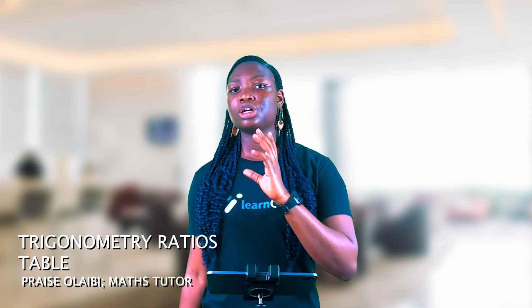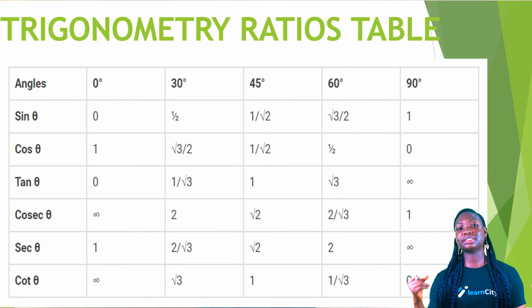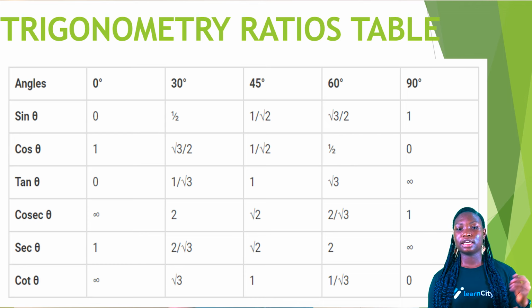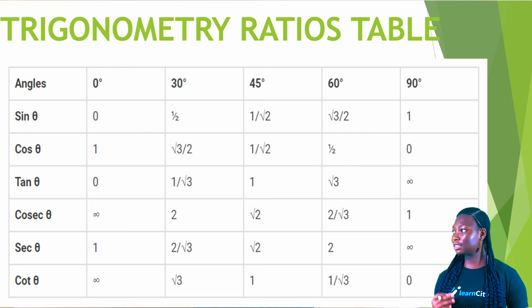The sine, the cosine, and the tangent of the standard angles are given below in the table, in which we have the sine, the cosine, the cotangent, the secant, the cosecant, and the tangent itself.